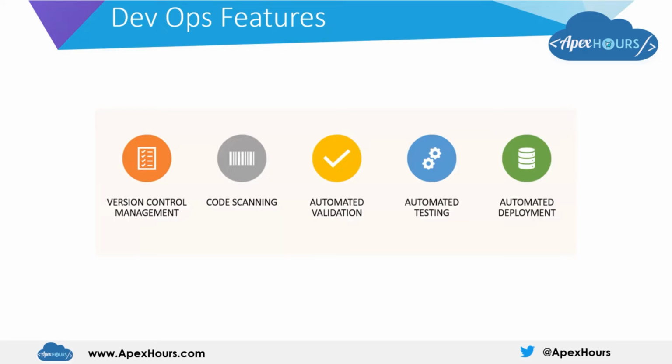So what are some of the features that you are expecting as part of any DevOps implementation? Of course, like I mentioned, a version control system is the key factor of your DevOps strategy. You should have a repository. Then when you are checking in your code, it is always good to have a code scanning mechanism, so that in case there are some issues with the checked-in code, they can be identified in advance.